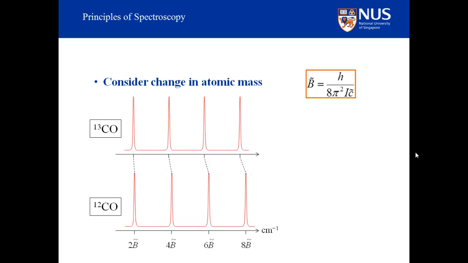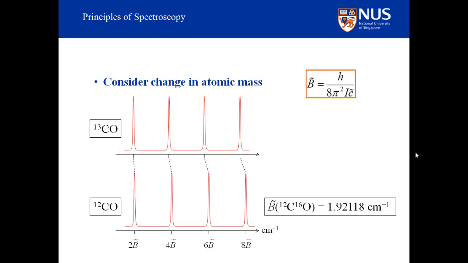If the moment of inertia is increased, and because it is inversely proportional to the rotational constant, it means that the rotational constant decreases. If the rotational constant decreases, then the spacing between my lines decreases, because the spacing is equal to twice the rotational constant. And so the lines for carbon-13 monoxide are at a slightly lower frequency than they are for the corresponding lines in carbon-12 monoxide.